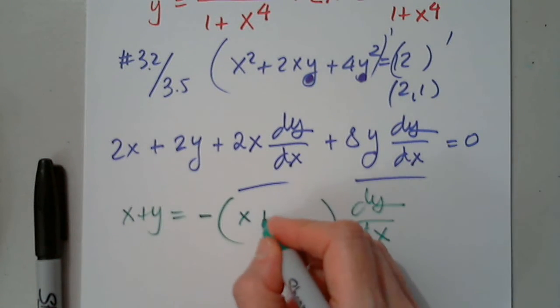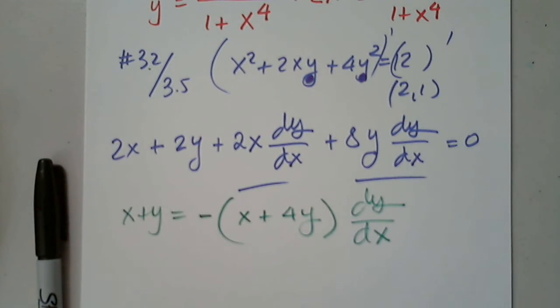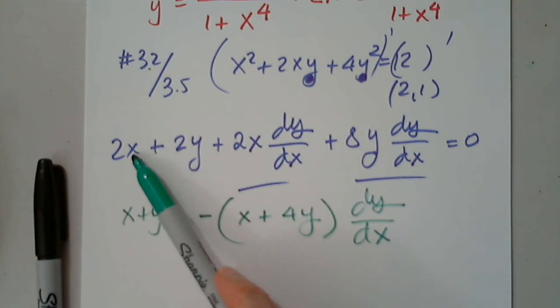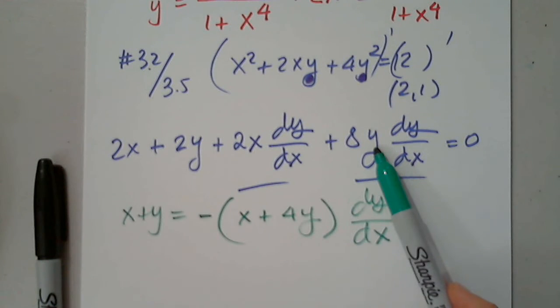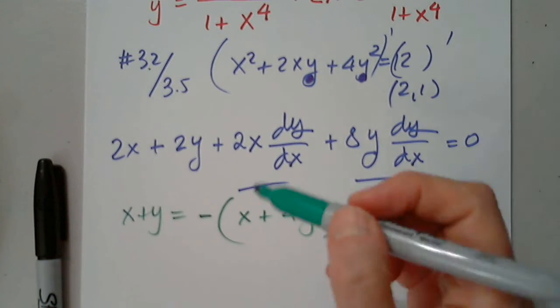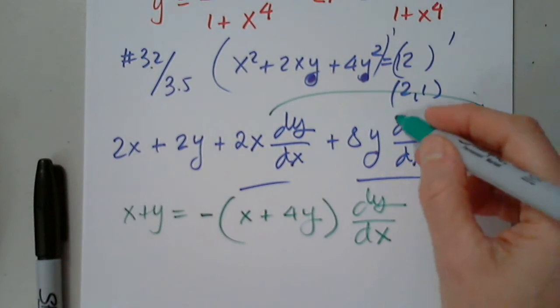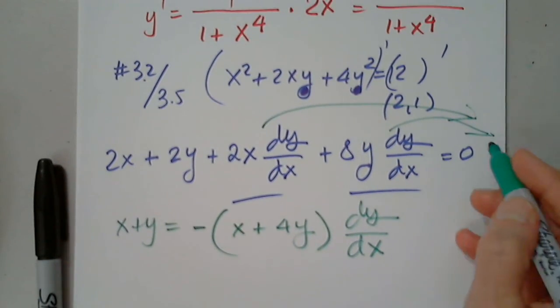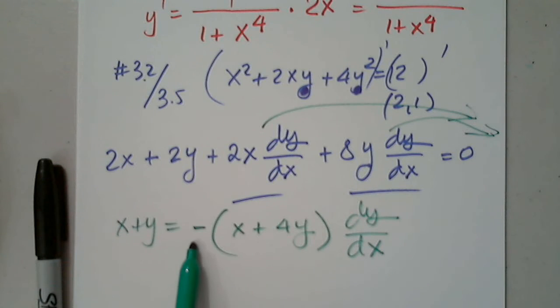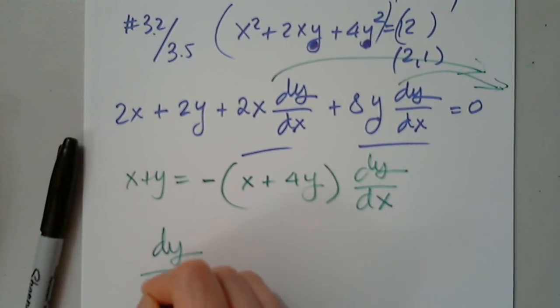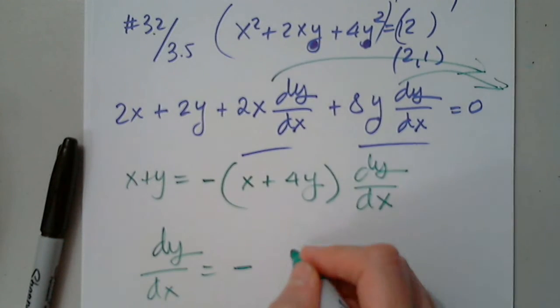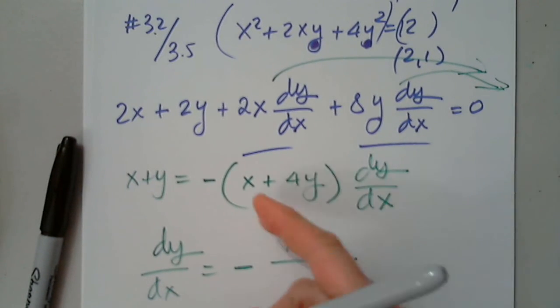So this is x plus 4y. 2x divided by 2, 2y divided by 2, 2x divided by 2, 8y divided by 2. But since they have to be moved to the other side, both become negative. So then dy over dx equals x plus y over x plus 4y.